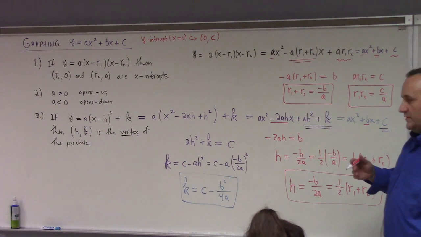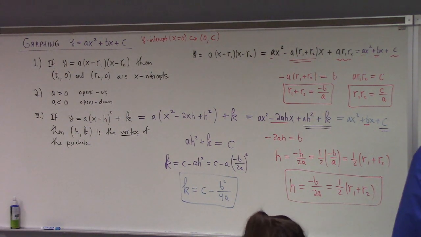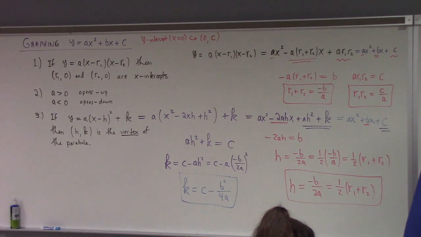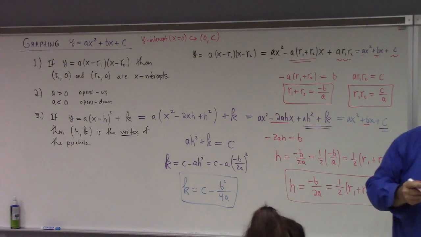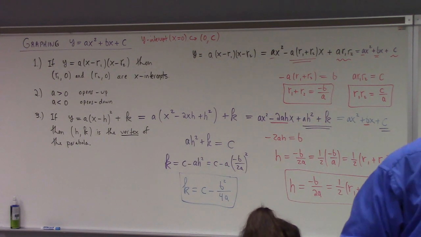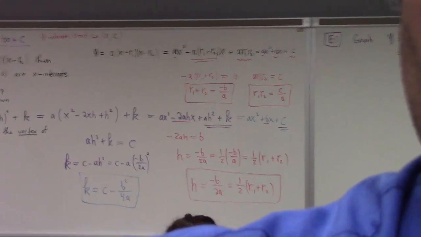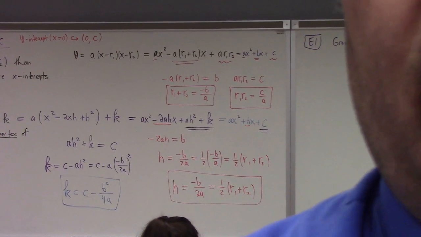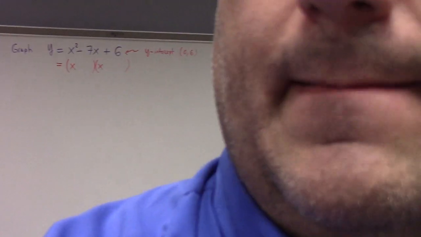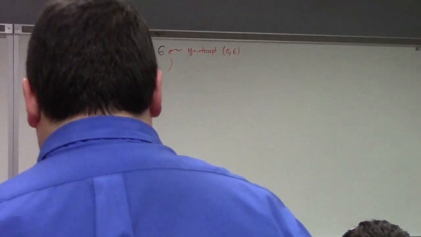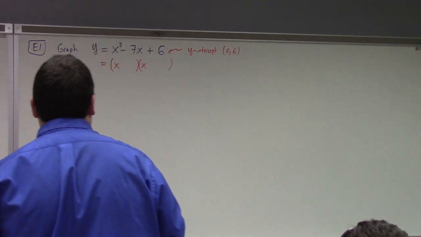And then what? Can you factor this? What did you say? Minus 1 plus 7? Minus 6 minus 1? How many vote for 6 and 1? How many for 6 and minus 1?